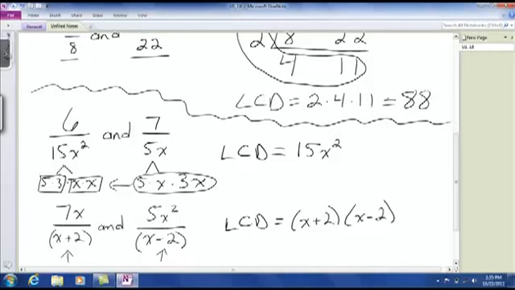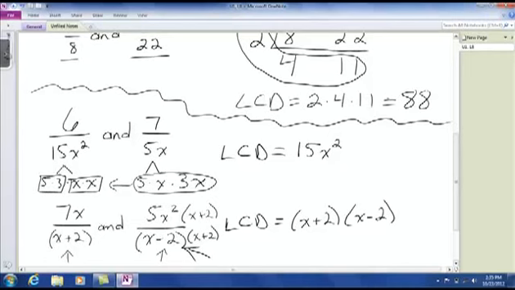And that's all there is to it, because we can't do anything else. We can't eliminate either of those factors. Think about what you would do. In this fraction right here, with x minus 2, I could multiply by x plus 2 on the top and x plus 2 on the bottom, and by multiplying by the same thing on top and bottom, I have not changed the value of the fraction. I really just multiplied by 1, x plus 2 over x plus 2.